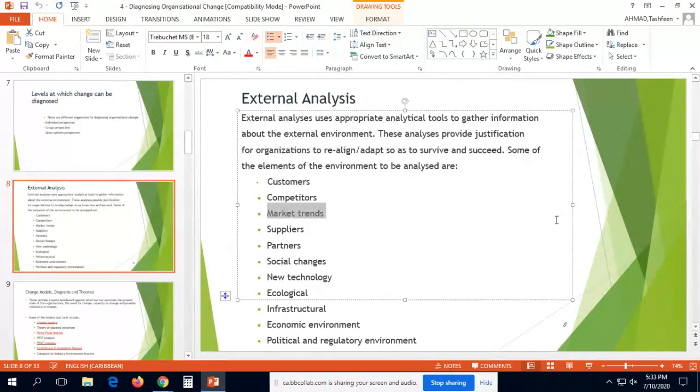This is the time to look at market trend. This is the customer. For example, who will be your customer? These people who are employing you, they are your customer, because they will pay you for the services, and you will be fulfilling some of their desires, whatever they require from you. So you want to make them happy in that sense.